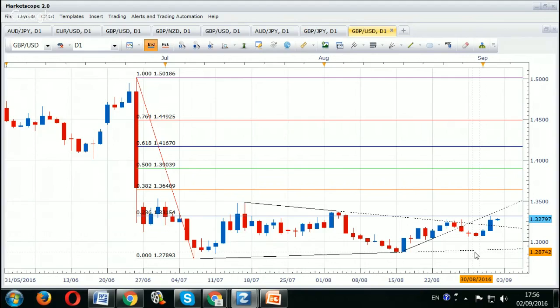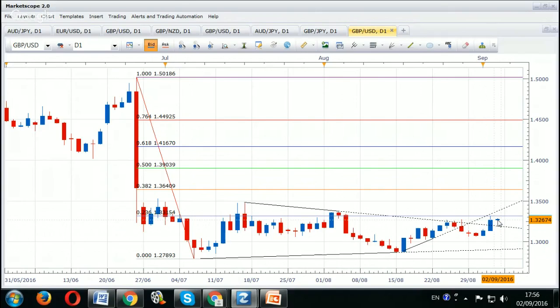In that case, I guess the pound could go higher to retest 1.3371, which is the August 3rd high. Exactly anticipating the move, the intraday highs, is very difficult.